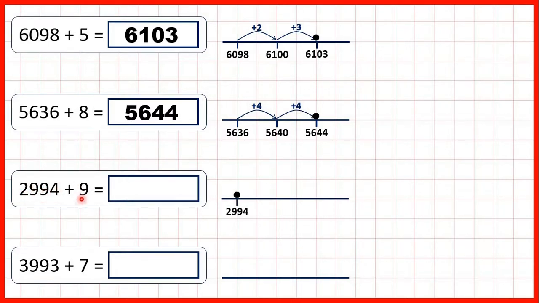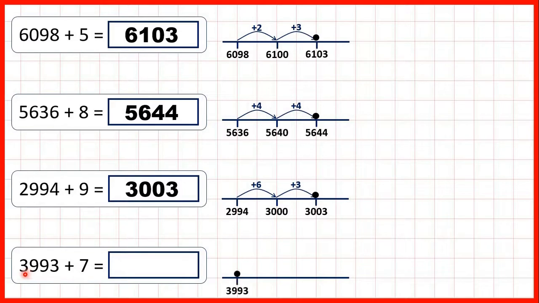Now 2994 plus 9. Well, adding 6 will take us to 3000, because 4 plus 6 is 10, but we already have 9 tens in our number and 9 hundreds, so it's the thousands digit that needs to change as well. So that's adding 6, and if we want to add 9, we need to add 3 more to give us 3003 as our answer.